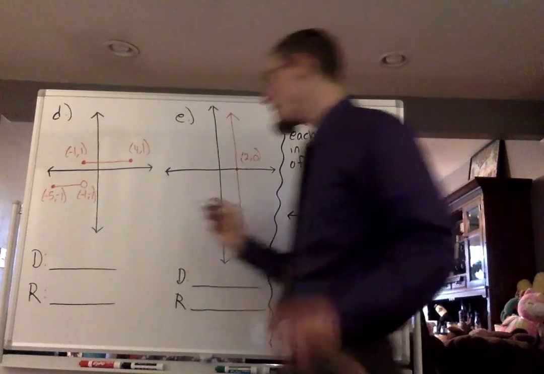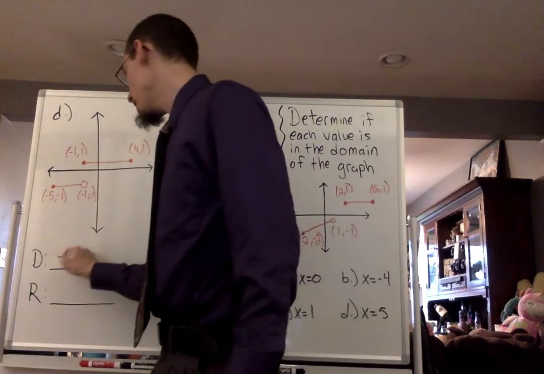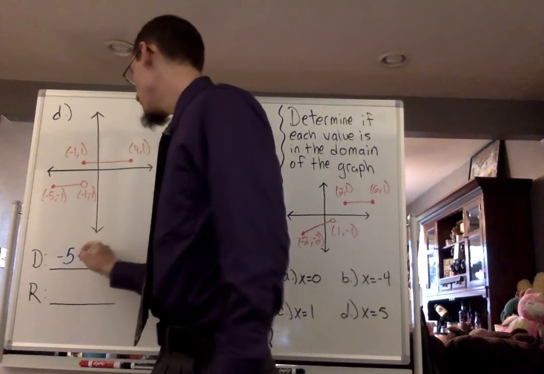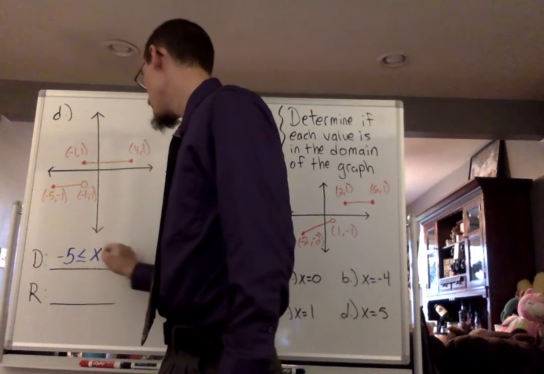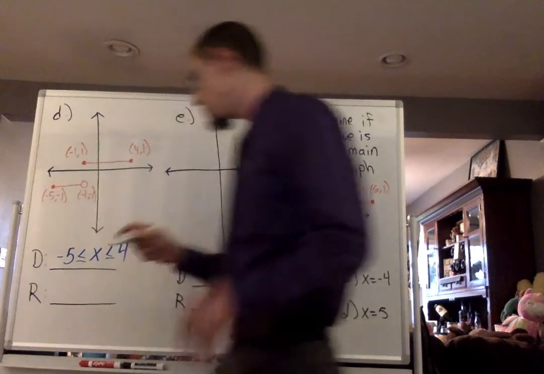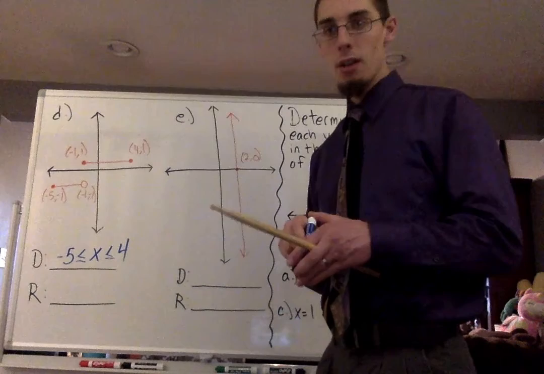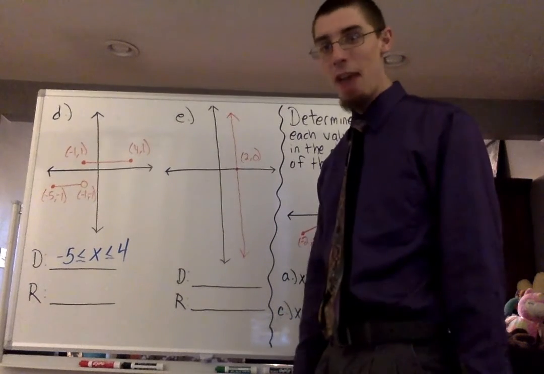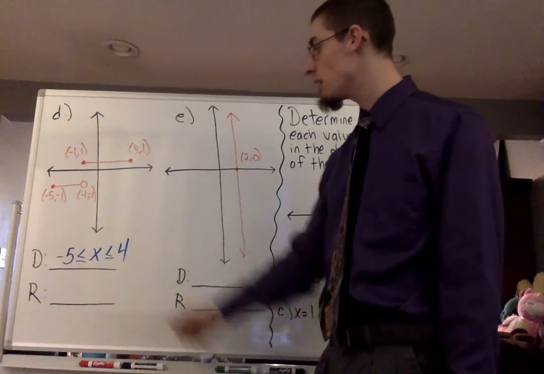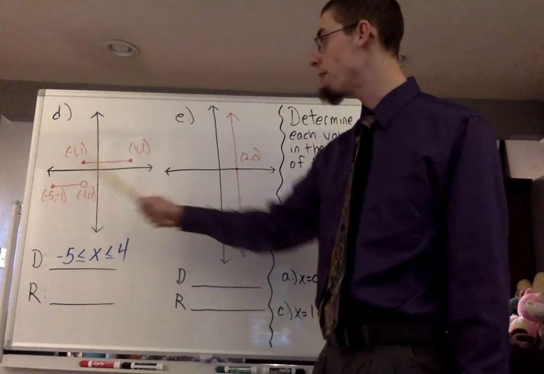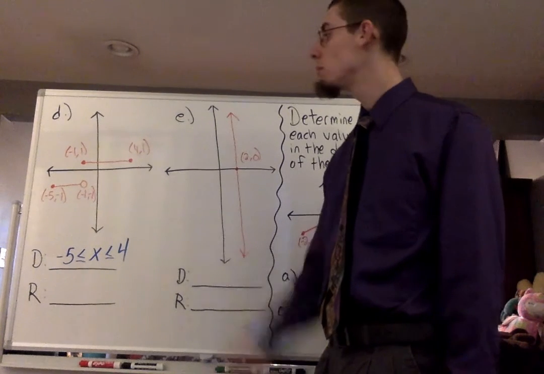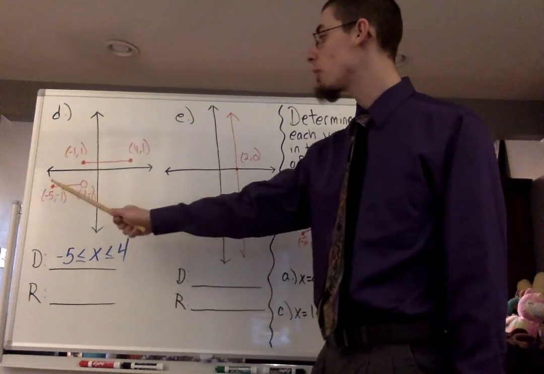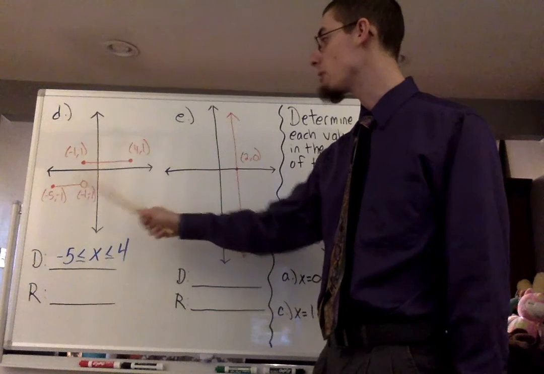So my domain is -5 less than or equal to x less than or equal to 4. X is just everything in between -5 and +4. You're covering everything, right?